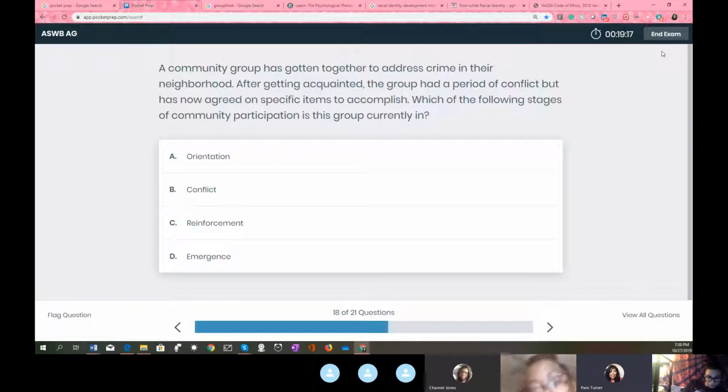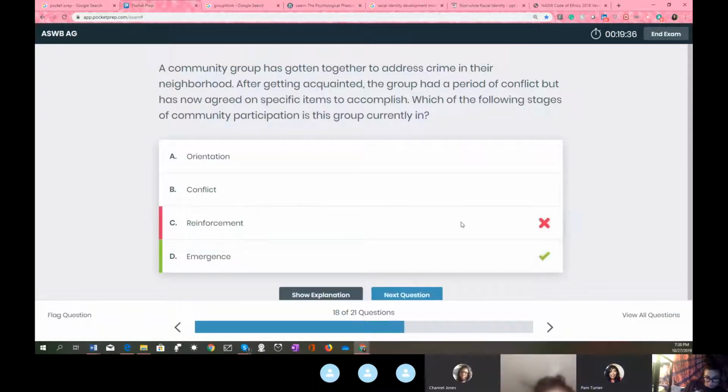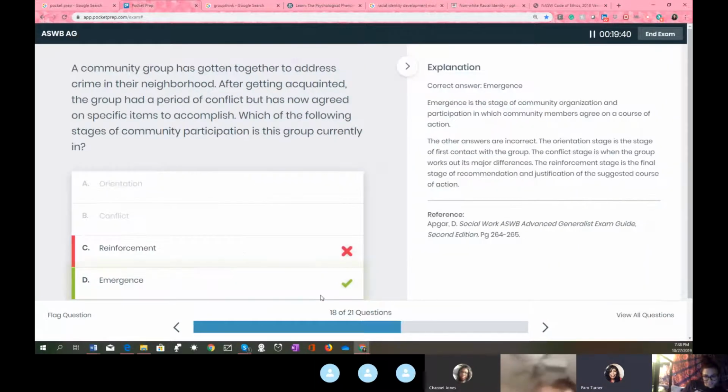So now they're ready to go forward, and they've found a specific item to work on. Okay, that is emergence. They have decided together what they're going to work on. Now they're going to emerge.